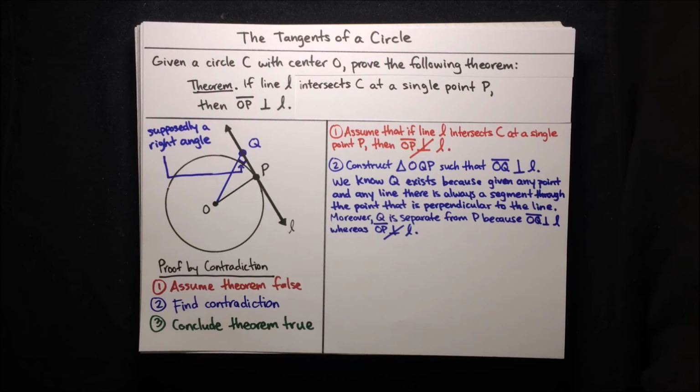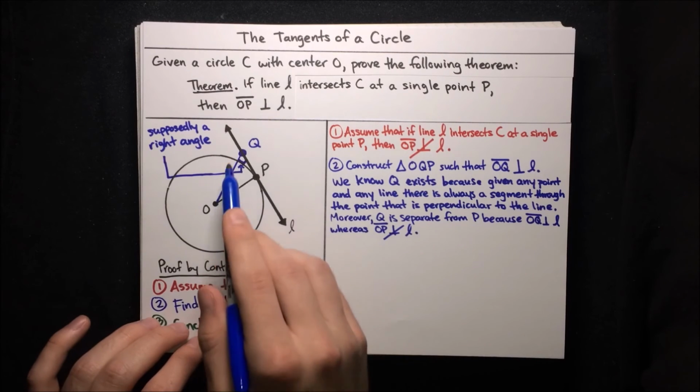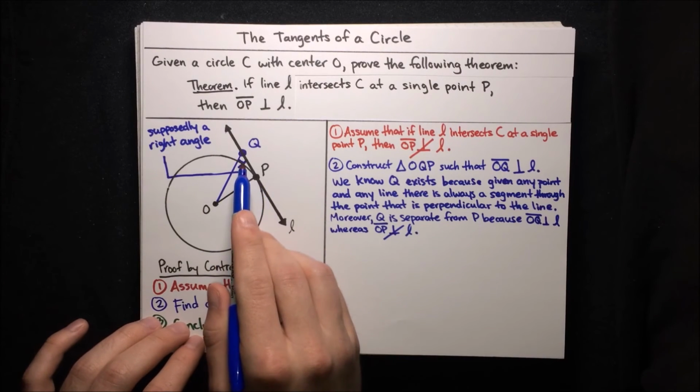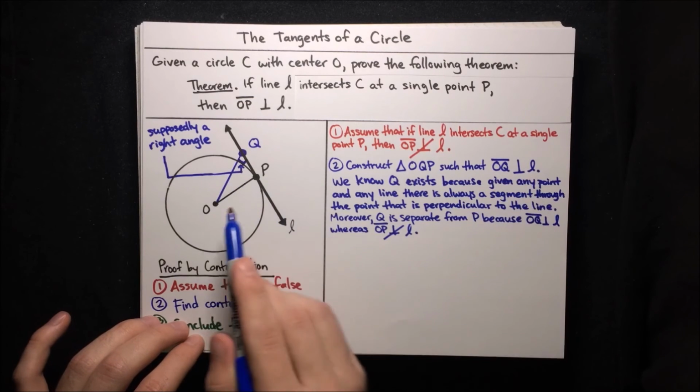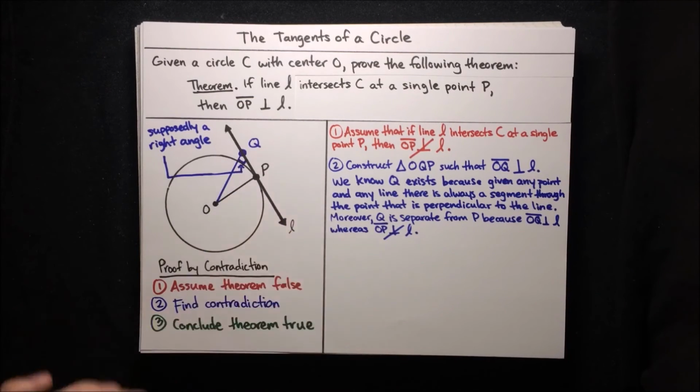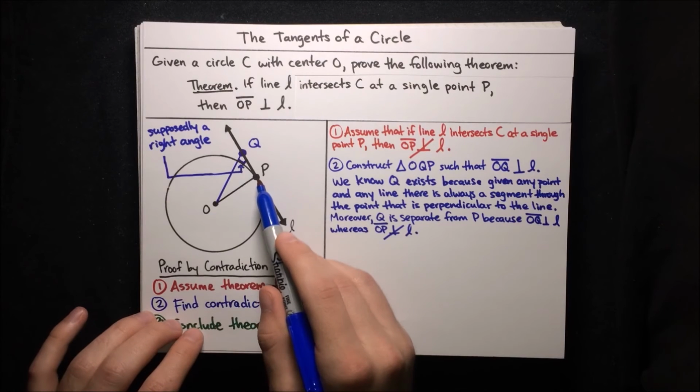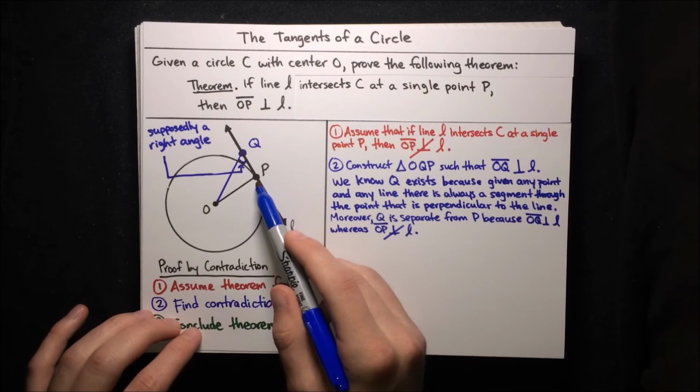We already talked about how this angle OQP in the triangle has to be a right angle because we are supposing that OQ is perpendicular to L. So that means OQ and L intersect at a right angle. Now, if that's the case, then this is a right triangle with hypotenuse OP. And the hypotenuse is always the longest side in a right triangle.